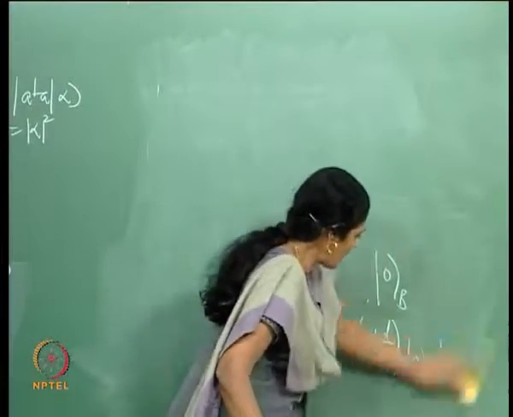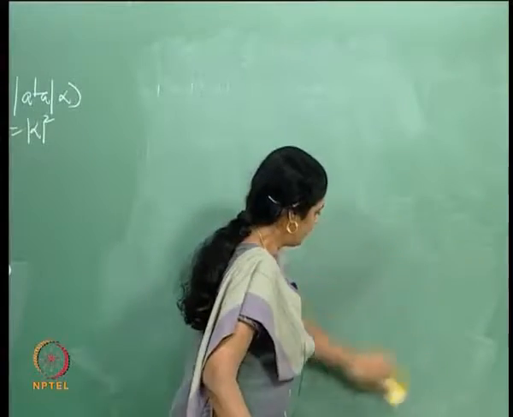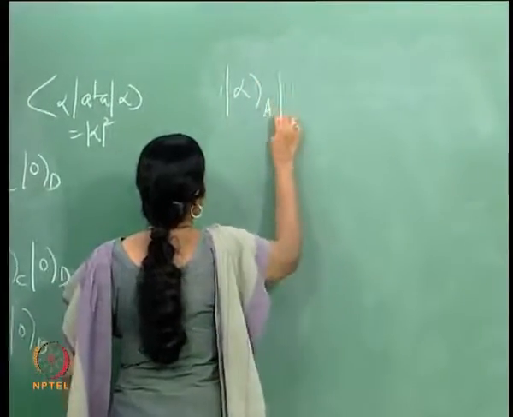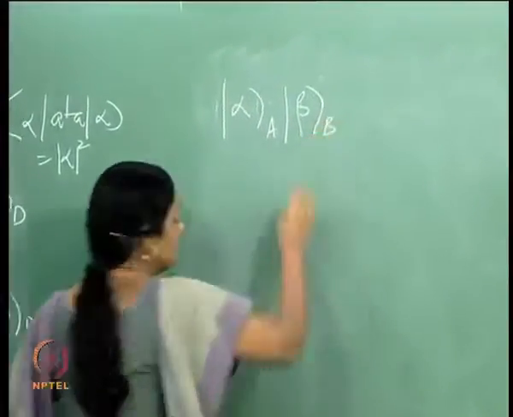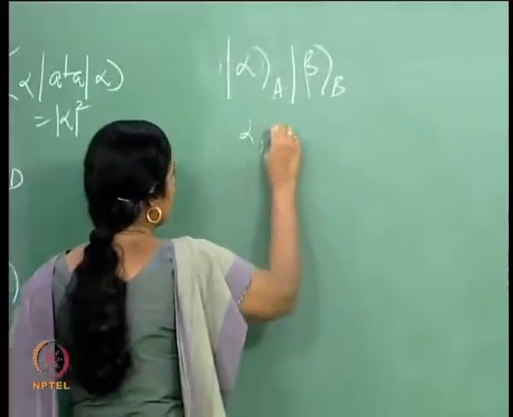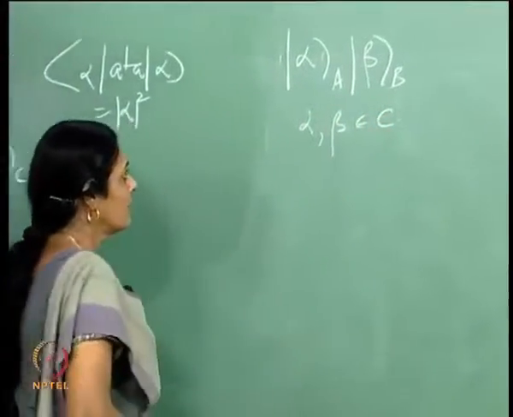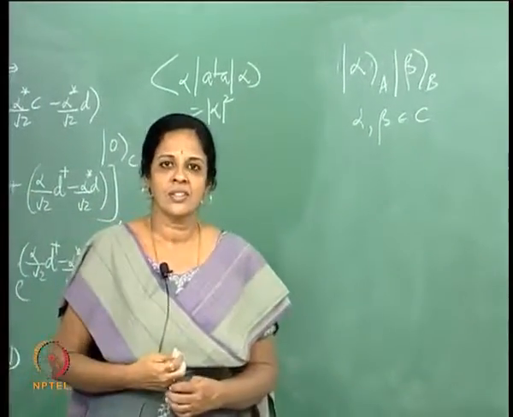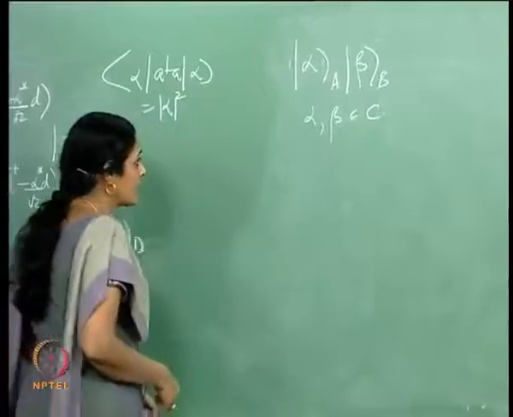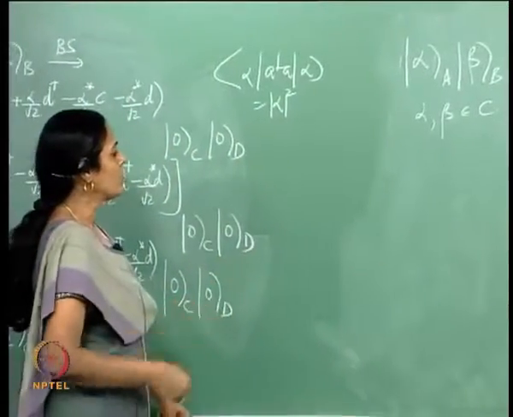Finally, let us look at the following situation: alpha A, beta B, where alpha, beta are complex numbers. Ket alpha is a coherent state, ket beta is another coherent state. So, I have sent in two coherent states, one through each of the input ports.